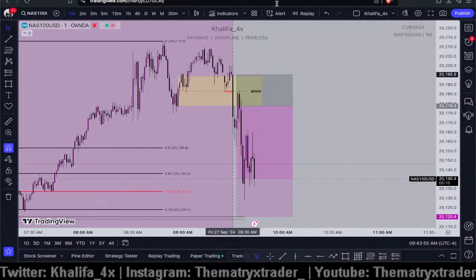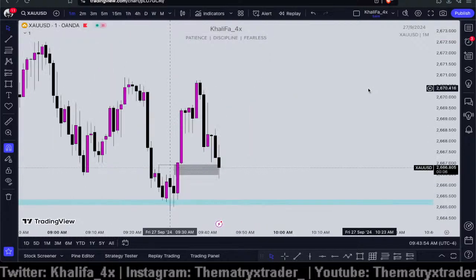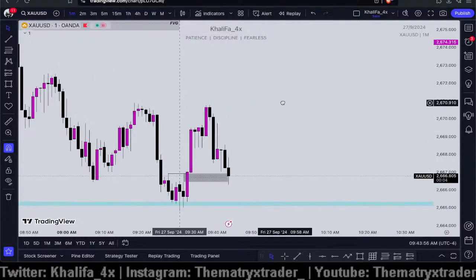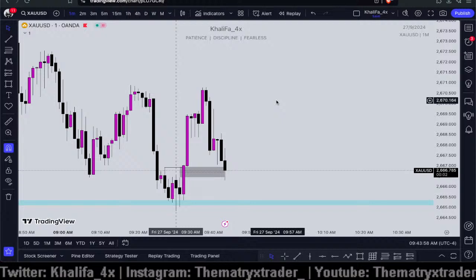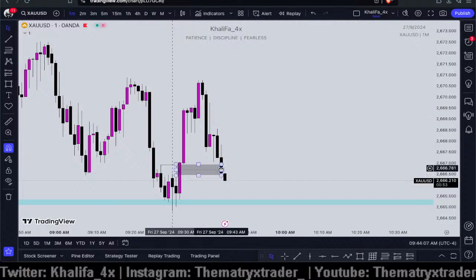All right. Okay. Now I hate this kind of price action in the fair value gap. This obviously makes it a low probability fair value gap. That's what it does. See that?